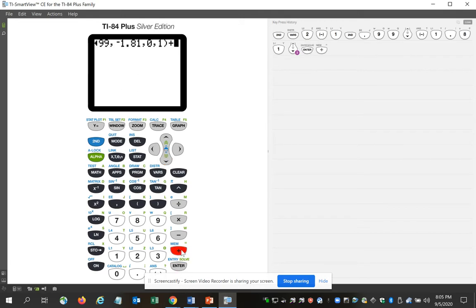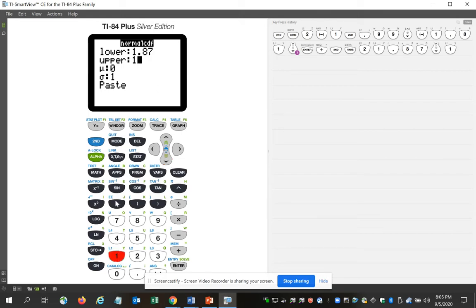Then I'm going to add. And I do second vars, normalCDF. I begin at 1.87. I go to positive infinity, so it's 1, second, comma, 99, mean of 0, standard deviation of 1, paste. So now I have the second piece, and I enter.